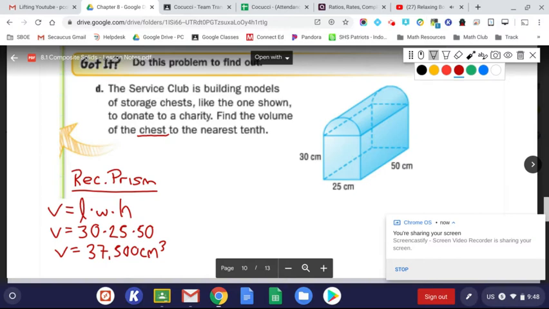Now our cylinder, or in this case, half of our cylinder, we're going to basically set up our formula for volume, which in this case is going to be pi radius squared times our height.